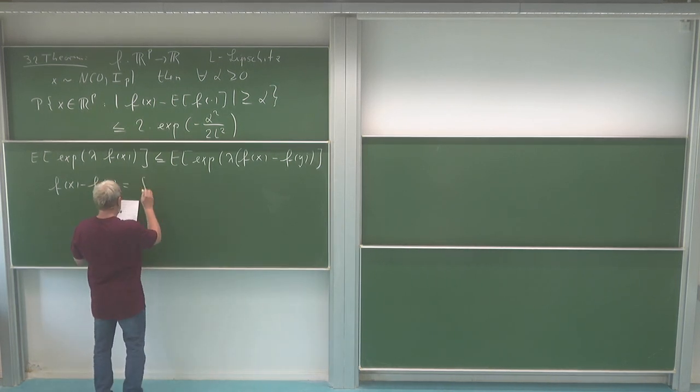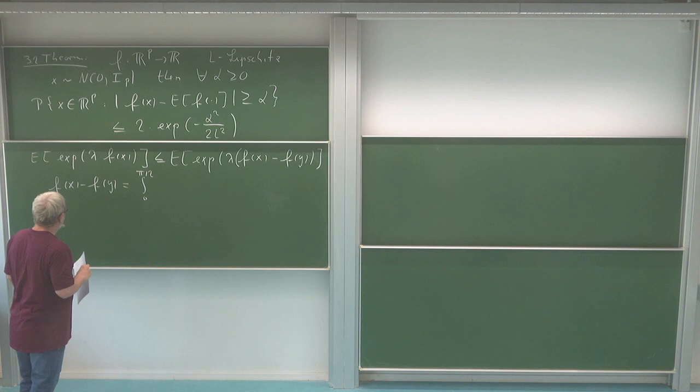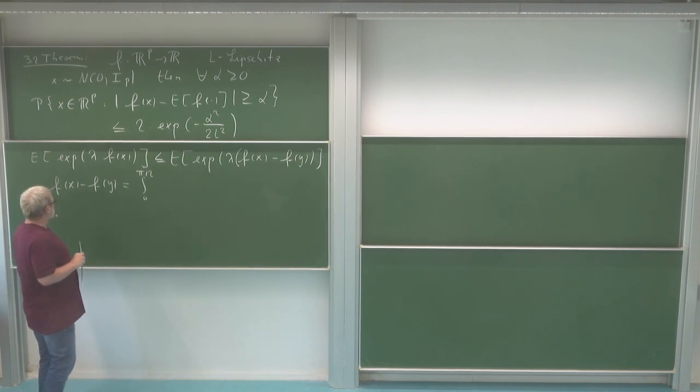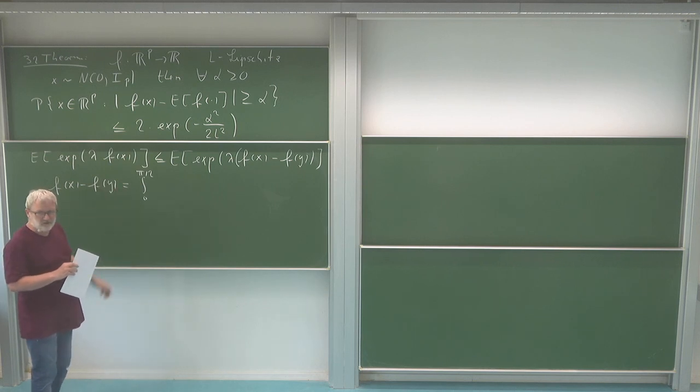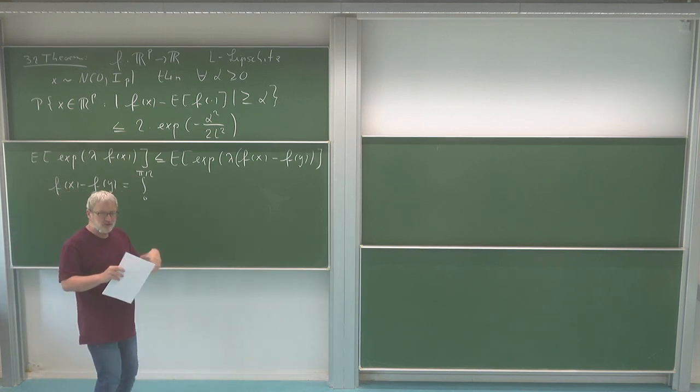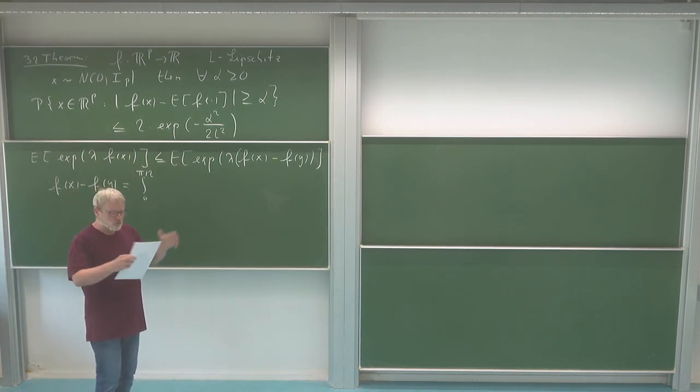We write this just by the fundamental theorem of calculus as the integral over the derivative of the function at the point between the point x and the point y. So this is the same as the integral over the derivative of the function at the 2 points.